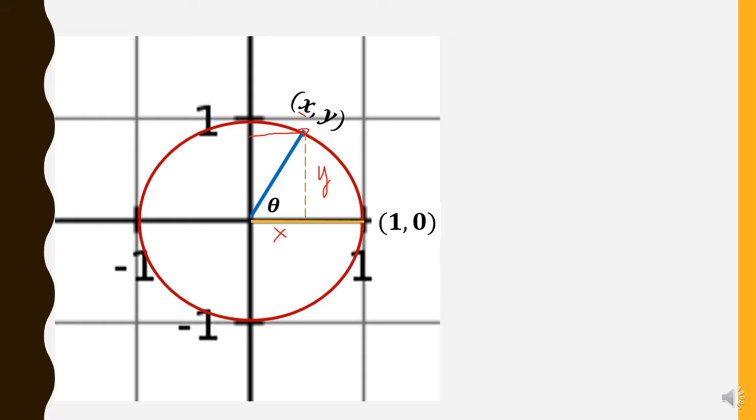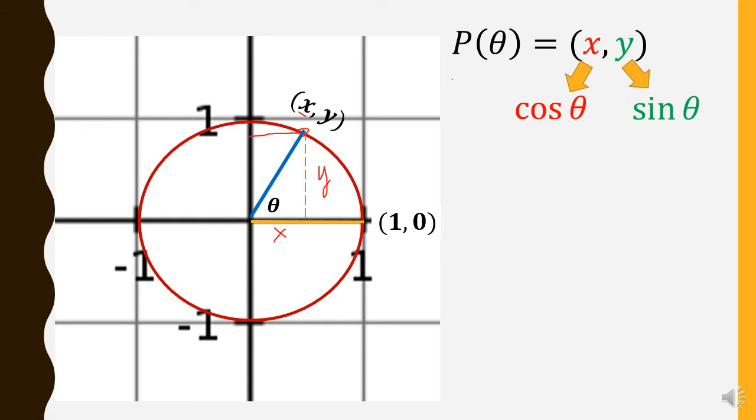So for every theta, there's an associated x, y. So we say P of theta is equal to x, y. So the point associated with theta is equal to x, y, where x is equal to the cosine theta and y is equal to the sine theta. So that is where x and y as cosine theta and sine theta originated.